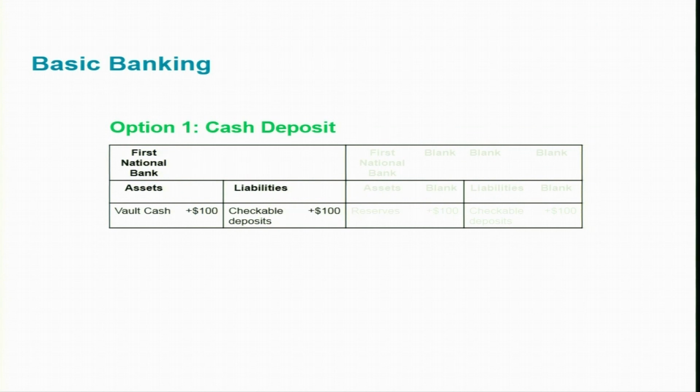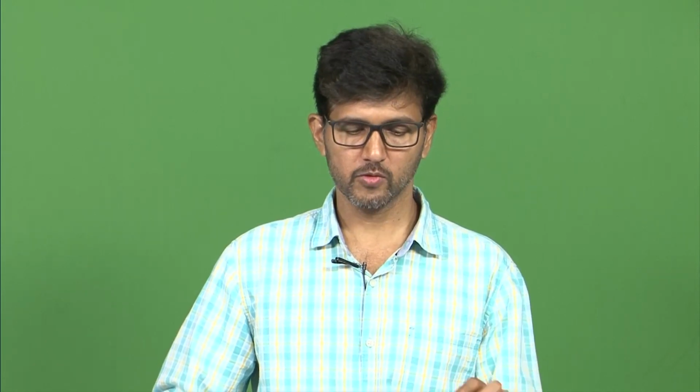So let's start with different scenarios. One option is that someone deposits some cash with a bank. How does the T account of the bank look? Imagine you deposited $100 with the bank. How do the assets and liabilities of this T account change?